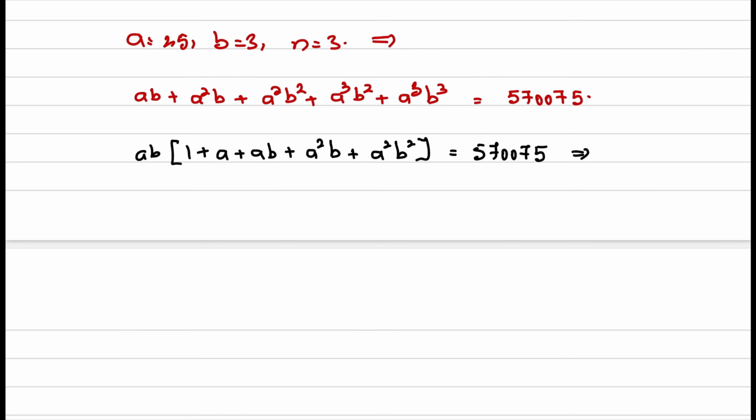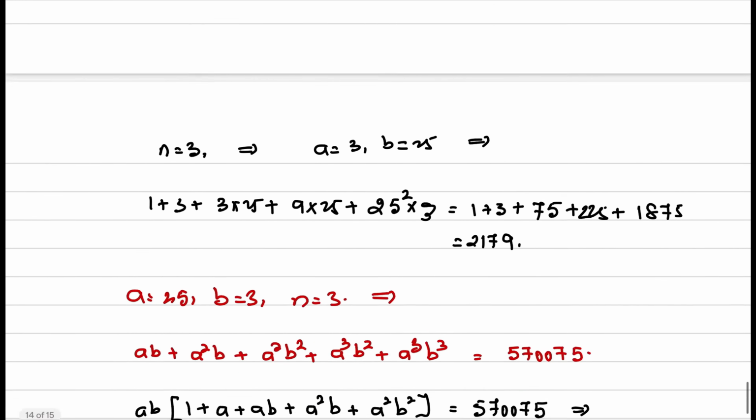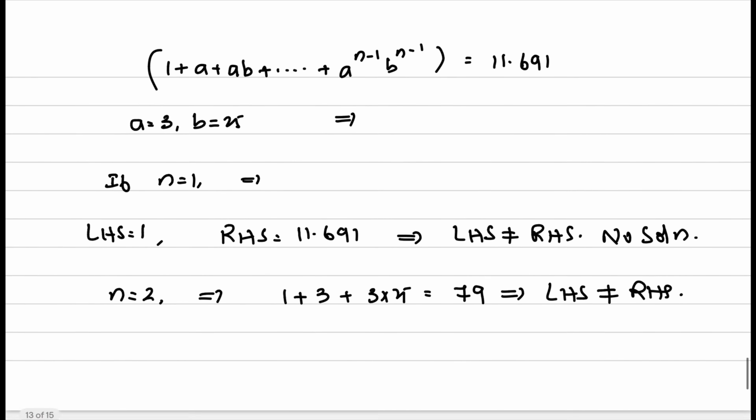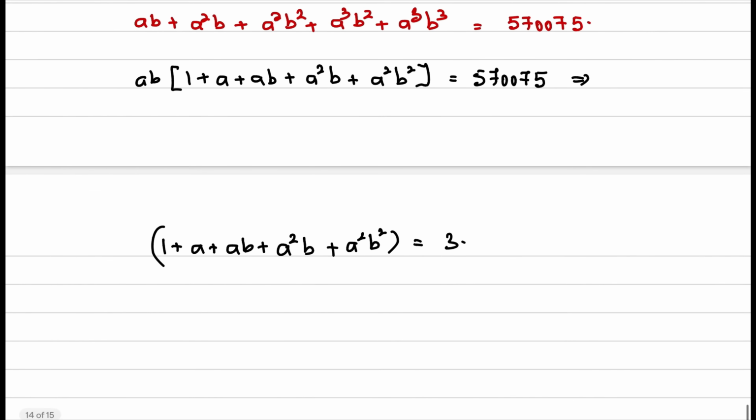That implies 1 plus A plus AB plus A square B plus A square B square should be equal to 3 into 5 square into 11 into 691 divided by 3 into 5 square. These two get cancelled. That should be equal to 11 into 691.